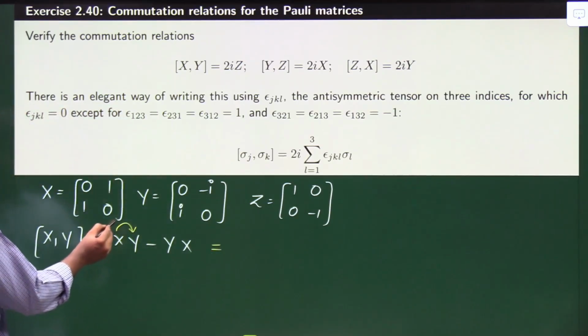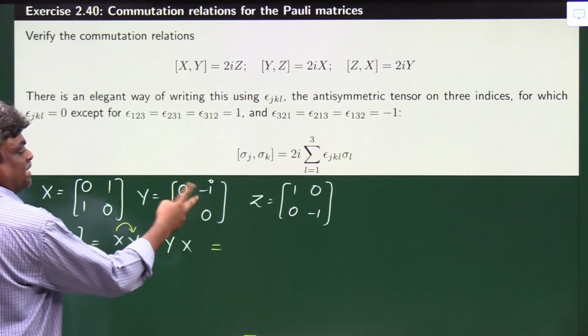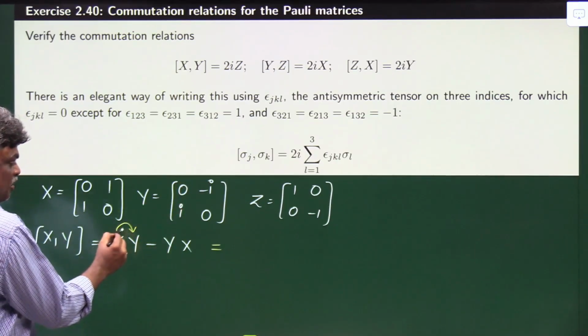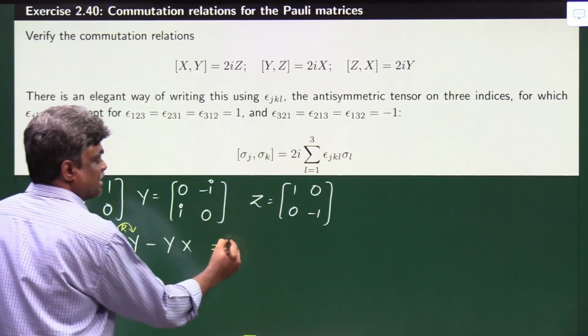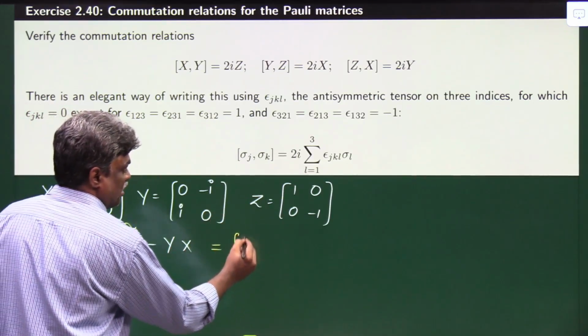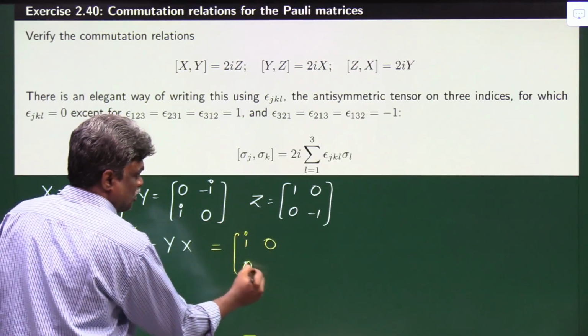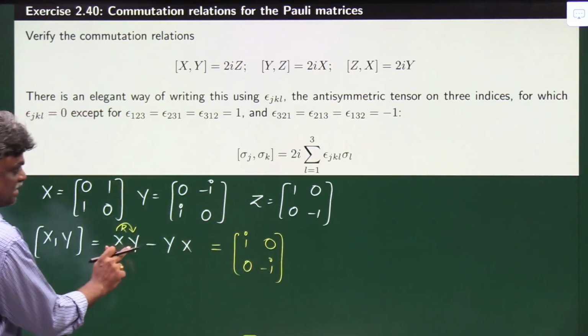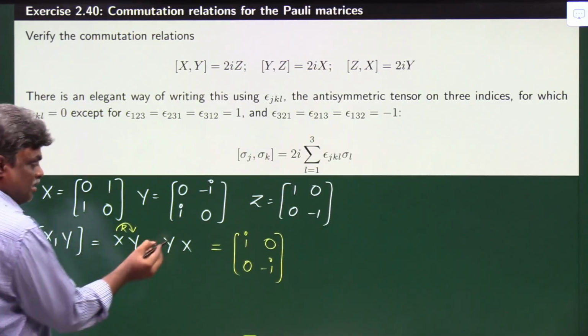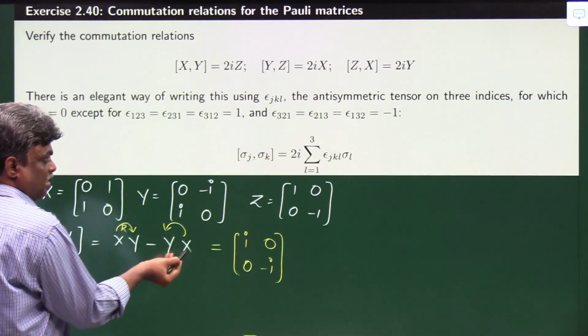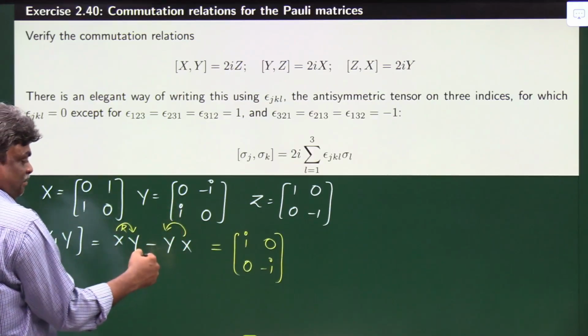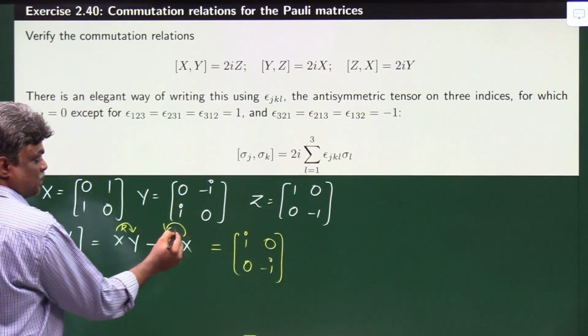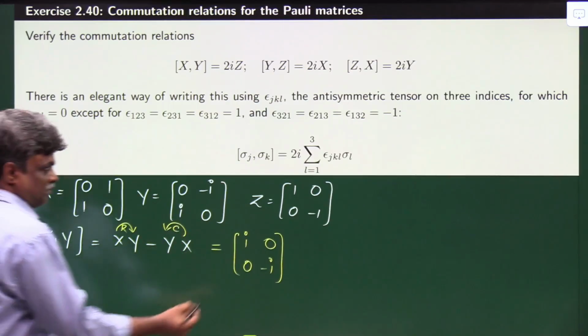So whenever X is operating on Y, it's just interchanging rows or columns. Here it is on the left side, so interchange the rows. That means iota 0, 0 minus iota means interchanging the rows of Y. But see here, X is operating on this side, so that is the right side, so you have to interchange the columns.